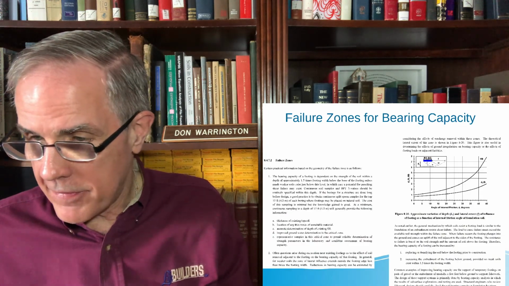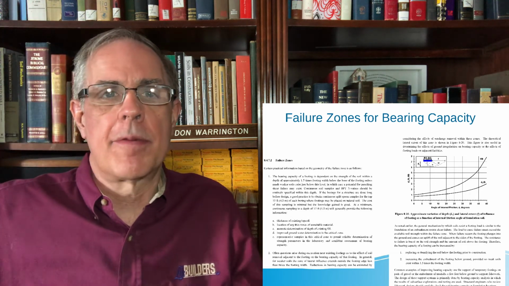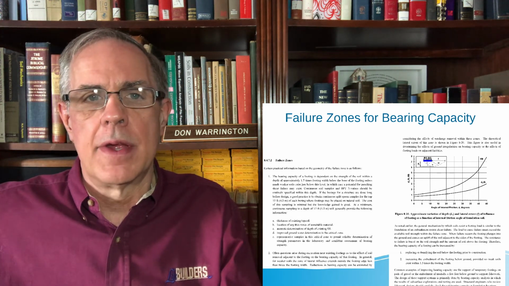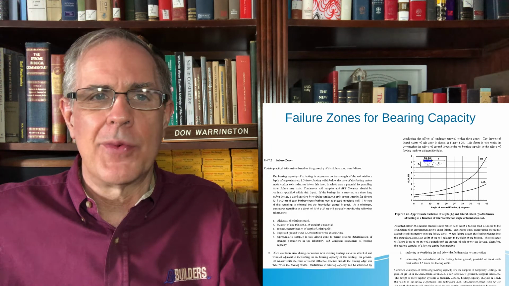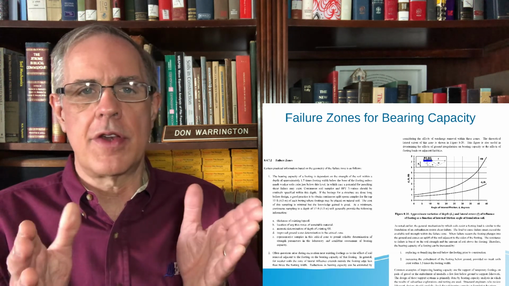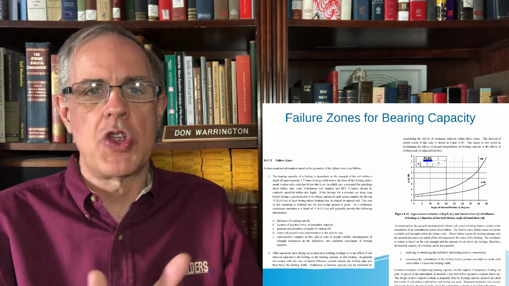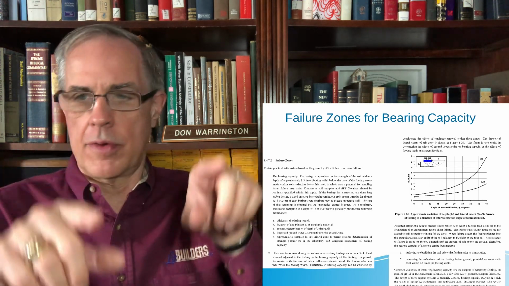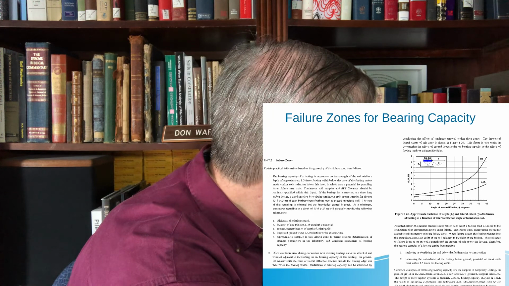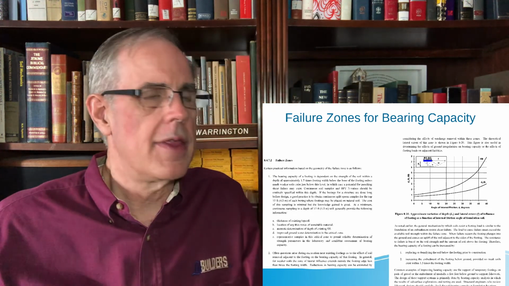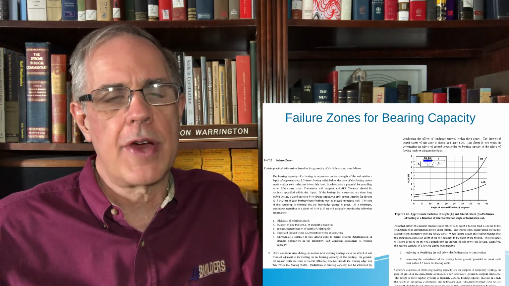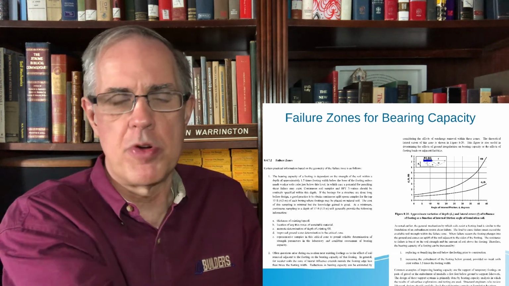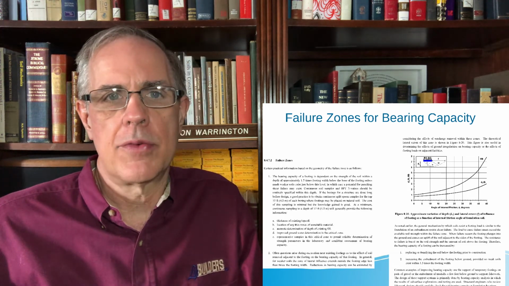We also talk about failure zones for bearing capacity. I would read that. Basically, directly under a foundation, you have a triangular mass of soil. In other words, from the edges down this way, this zone 1. Once that zone 1 gets trapped, it starts pushing in one direction or another.